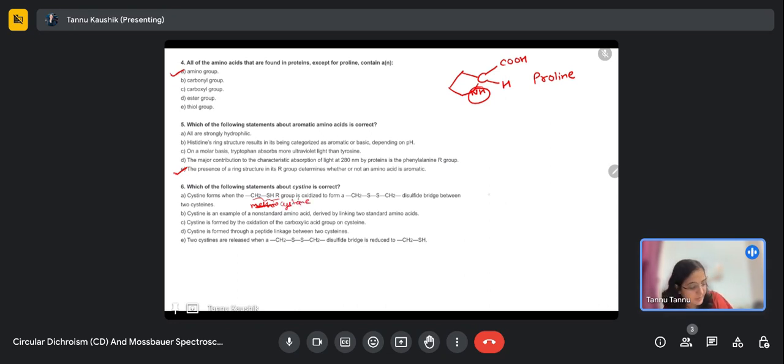So only if you see this CH2SH group will combine in the oxidized state, it will form a CH2-S-S bond. So we can say A is the right answer.